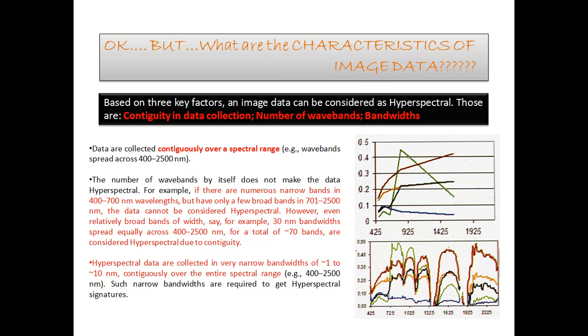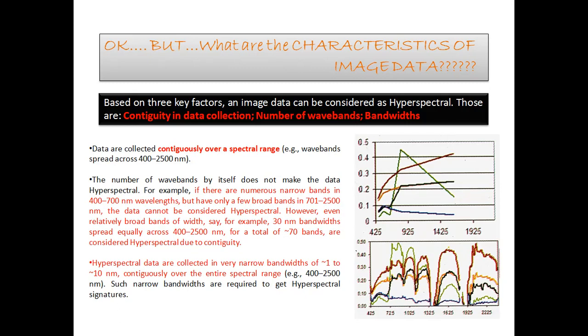I want to repeat it again. In case of the image database, the bandwidths are kept equally spread over the entire spectral range. Within a spectral range, the bandwidths should be equal. This should not be unequal.